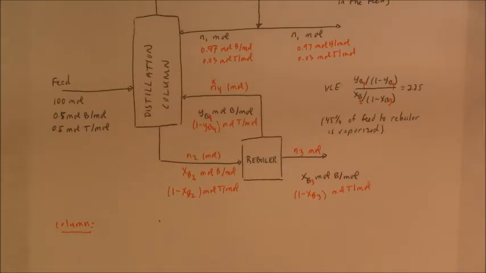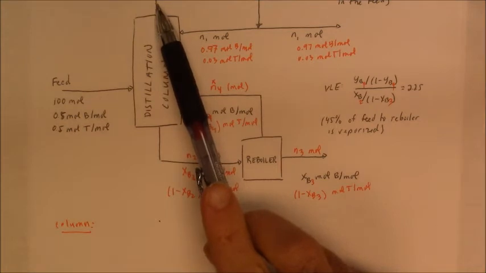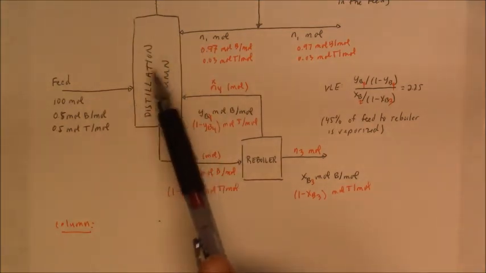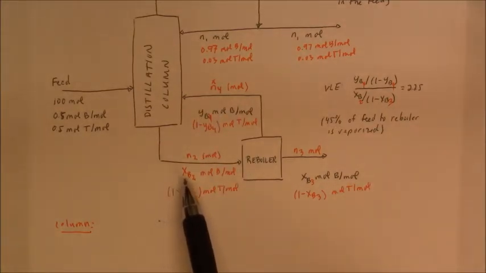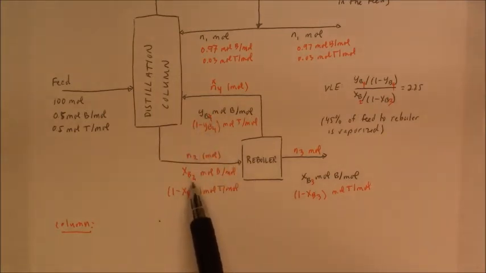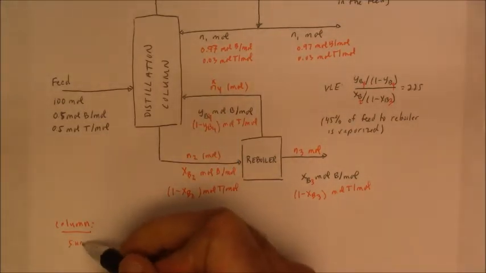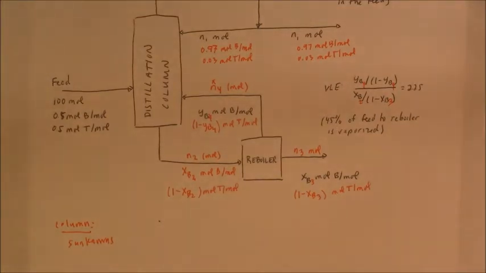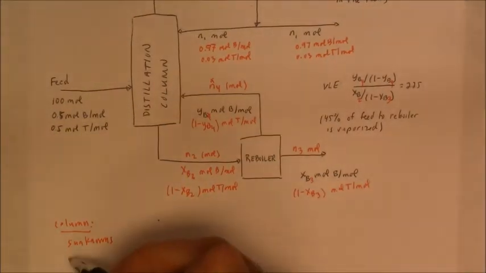Around the column we have N1 as one unknown coming out, N2 coming out, N4 coming in, YB4, XB2, 1, 2, 3, 4, 5 unknowns. And if it's helpful to you, you may consider writing out the unknowns individually for the system. And then we look at the number of balances, as we can have 2 material balances because we have 2 species.